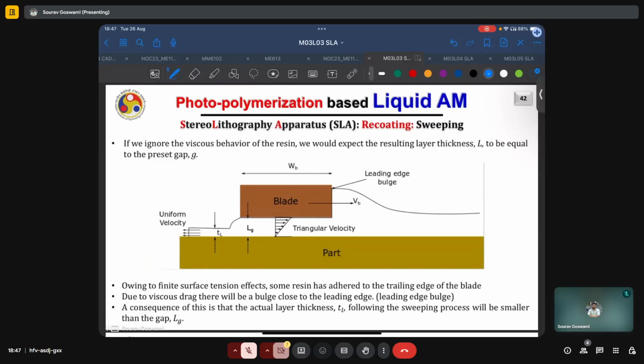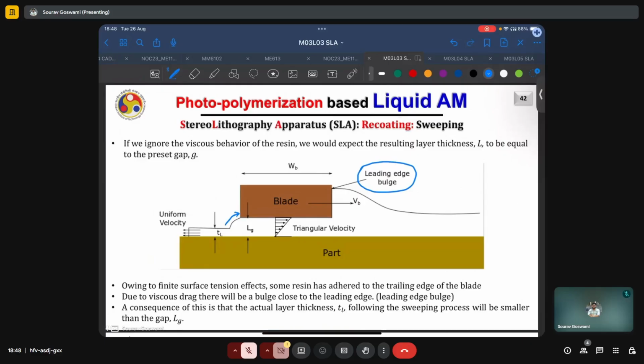Now, what we can expect is that had the resin not been so viscous, then the resulting layer thickness L would have been equal to the preset gap for the doctor blade sweeping over the resin layer. However, because of this viscous nature, there is a leading edge bulge at the leading or say advancing edge of the doctor's blade, and there is some adherence of resin to the blade at the trailing edge as well.